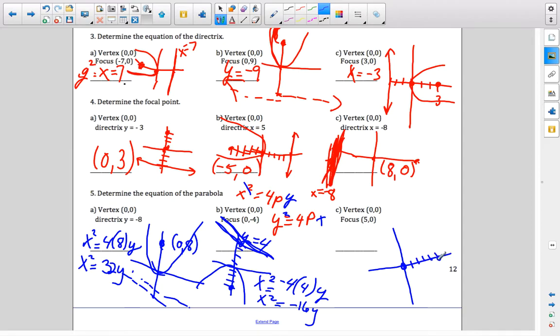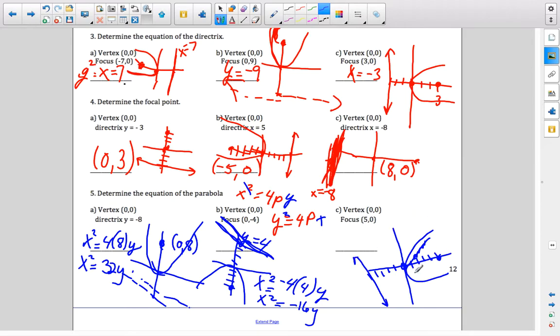Okay, so if that's the focus, and the focus has to be inside of the parabola, and the parabola can only go as far as the vertex, I'm going to take a sketch and say that's what it looks like. Since it's 5 units this way, our directrix, 1, 2, 3, 4, 5, is going to be 5 units the other way.